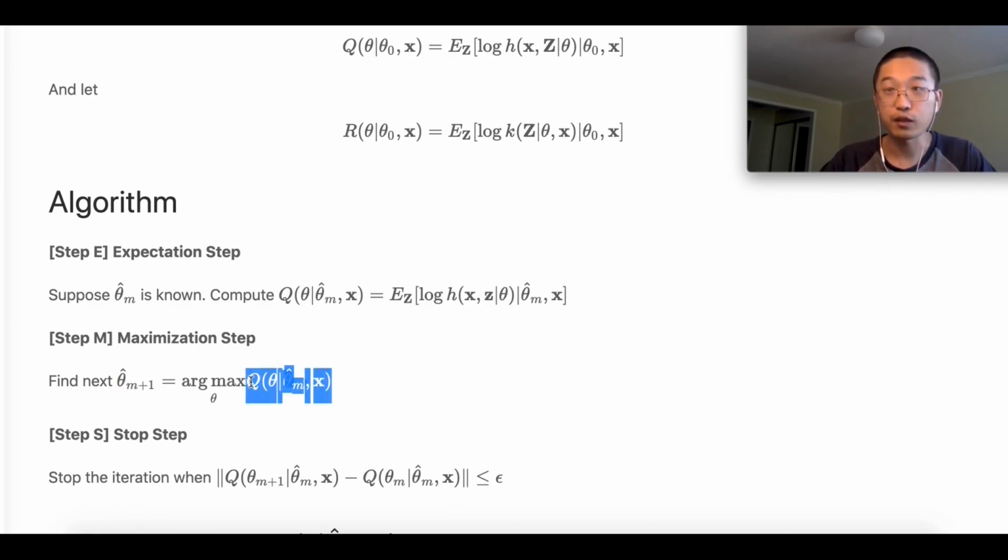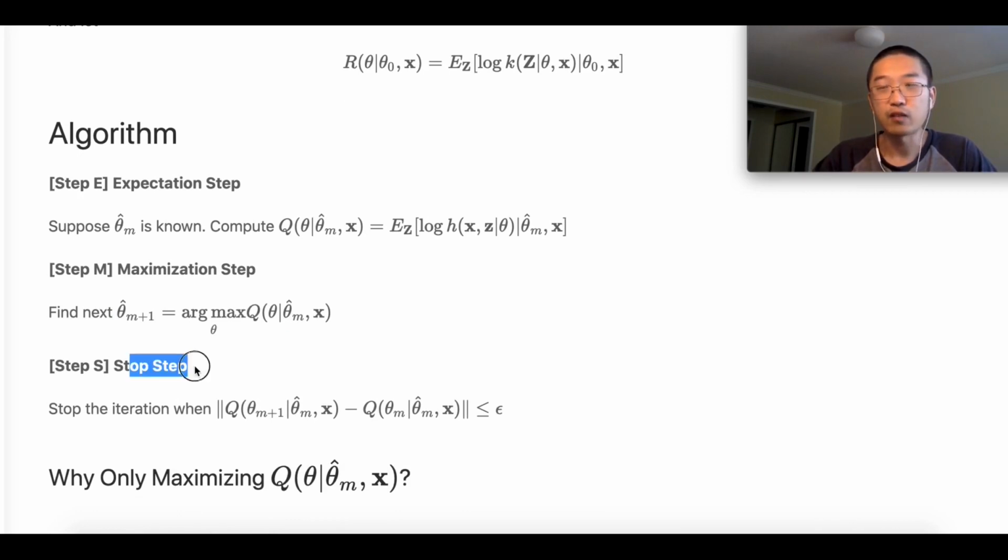Then we take theta m plus 1, plug it into the E step, and try to find the maximized value, theta m plus 2, given theta m plus 1, and iterate. It's similar to the Newton method. We're going to find closer and closer x values to get the maximum value of the function.